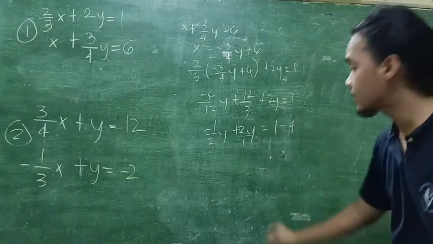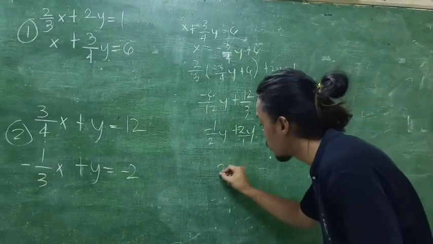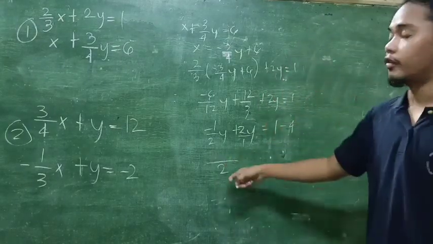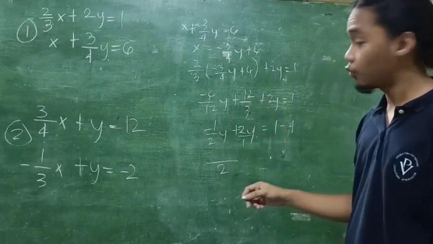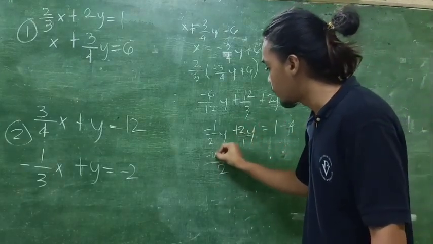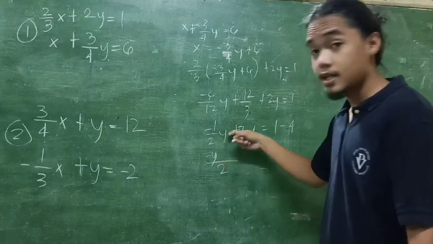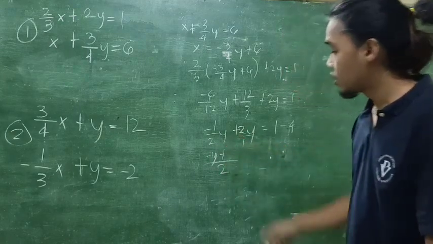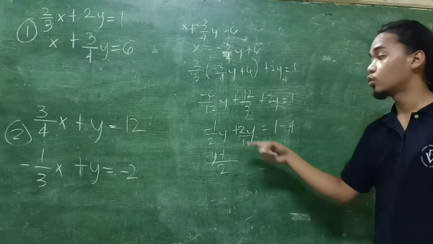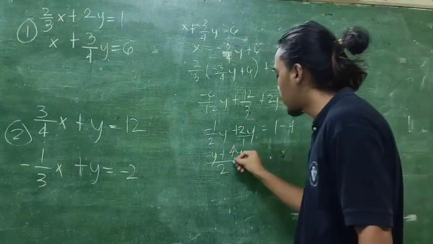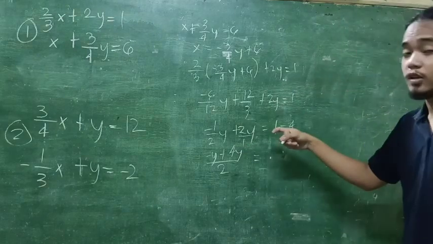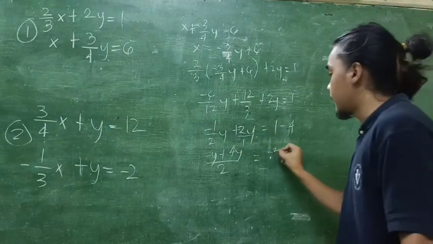Find their LCD, which is 2. So 2 divided by 2 is 1 times negative 1 is negative 1 times y, negative y. Plus 2 divided by 1 is 2 times 2 is 4 times y, 4y, equals 1 minus 4, which is negative 3.